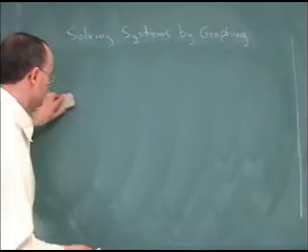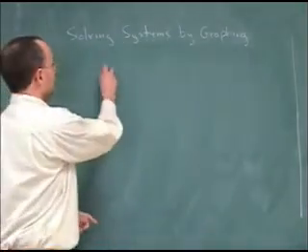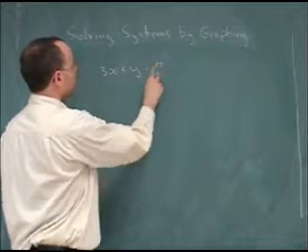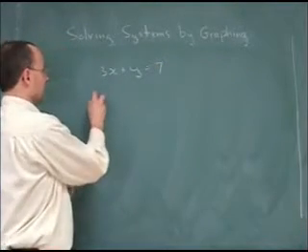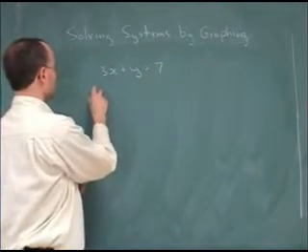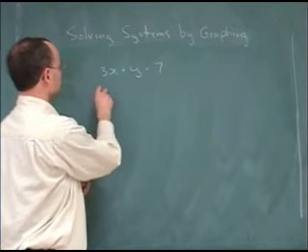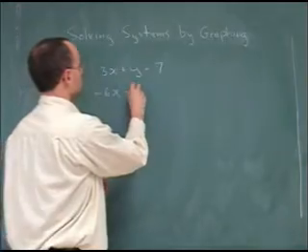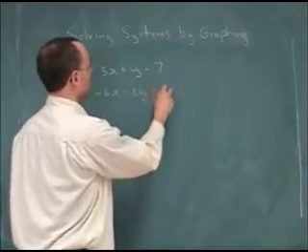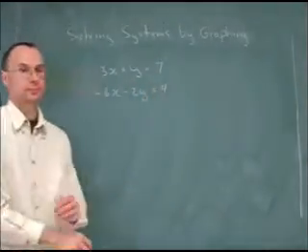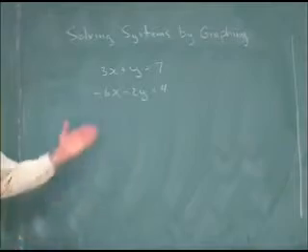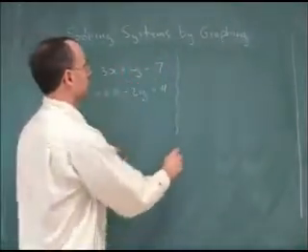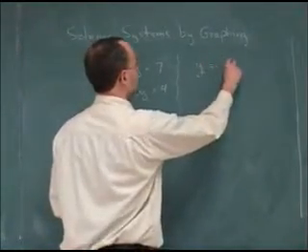What if we have something like this? 3x plus y equals 7. And this equation here could be negative 6x minus 2y equals 4. Okay. So let's put them into slope-intercept form. We'll bring the 3x over. Again, the top one, nice and simple.